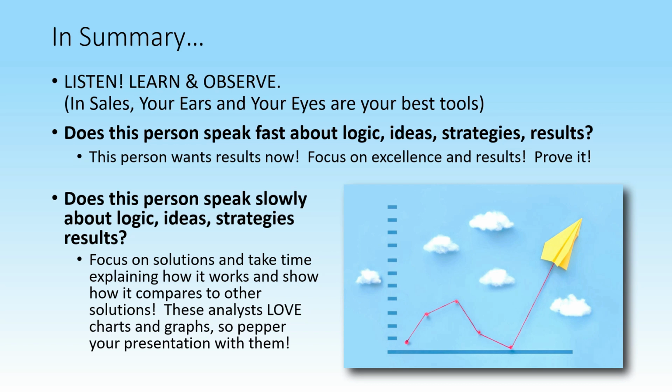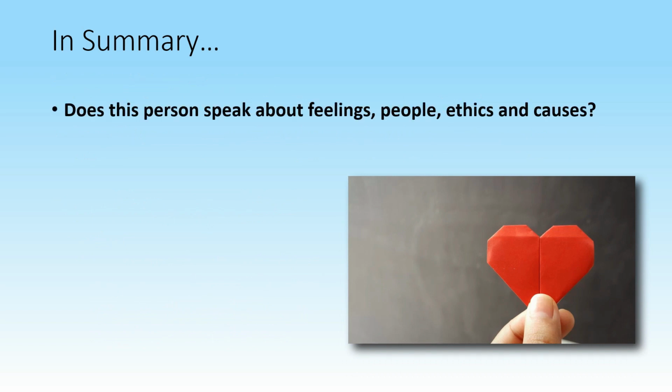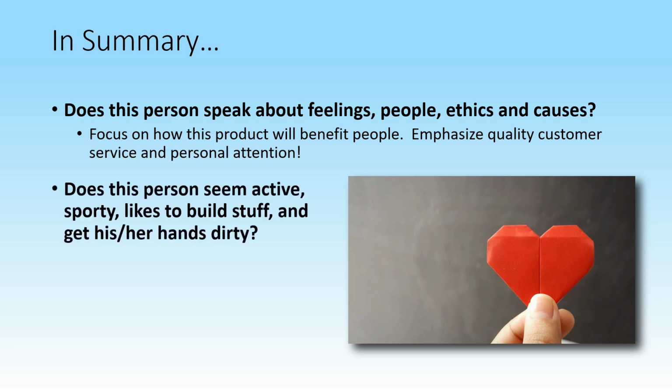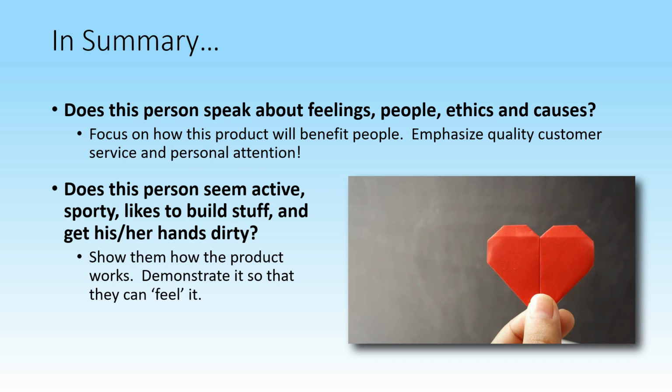These analysts love charts and graphs, so pepper your presentation with them. Does this person speak about feelings, people, ethics and causes? Focus on how this product will benefit people. Emphasize quality customer service and personal attention. Does this person seem active, sporty, likes to build stuff, and get his or her hands dirty? Show them how the product works. Demonstrate it so that they can feel it.